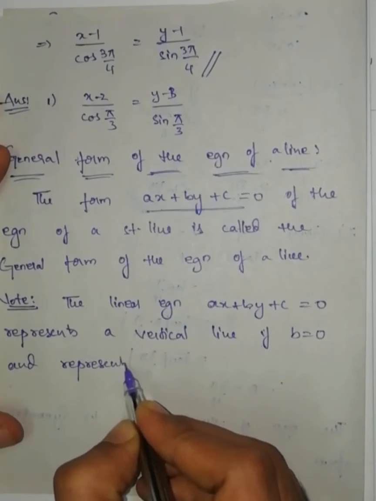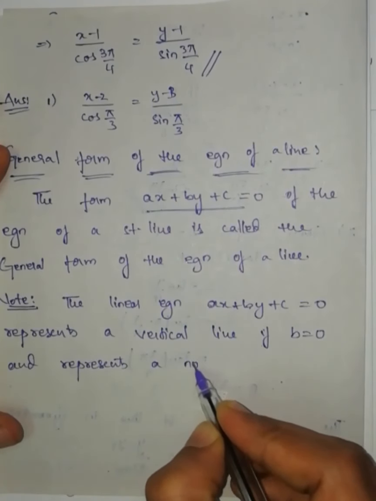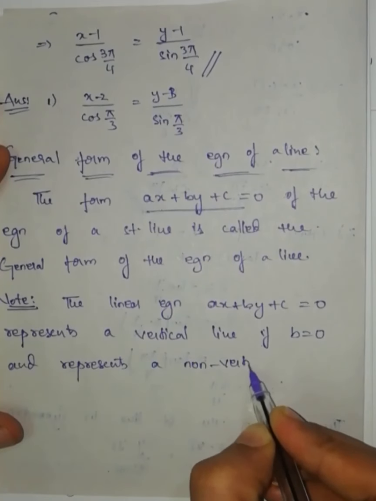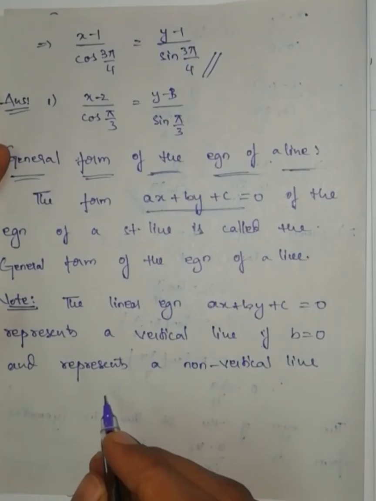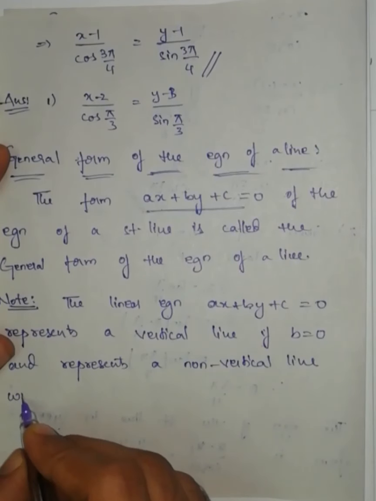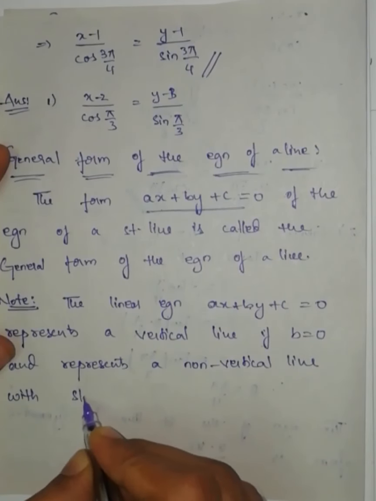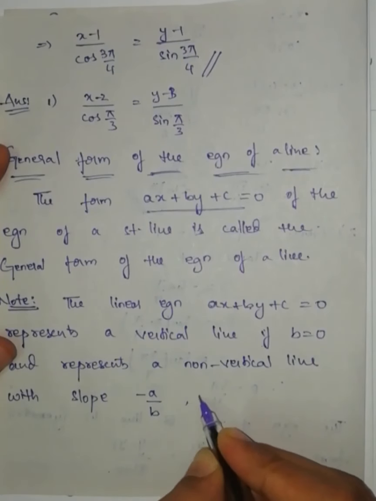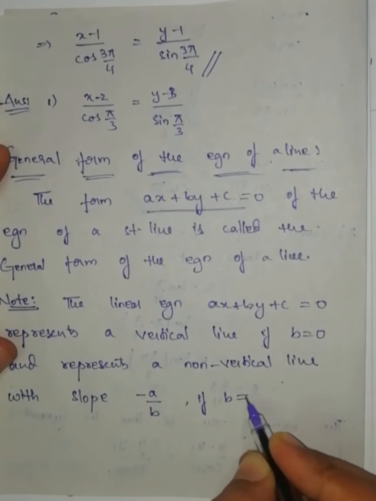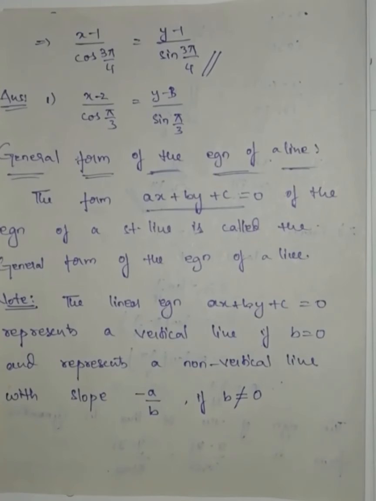It represents a non-vertical line with slope minus a by b if b is not equal to 0. Since we already know that the slope of a line will be there only for a non-vertical line.